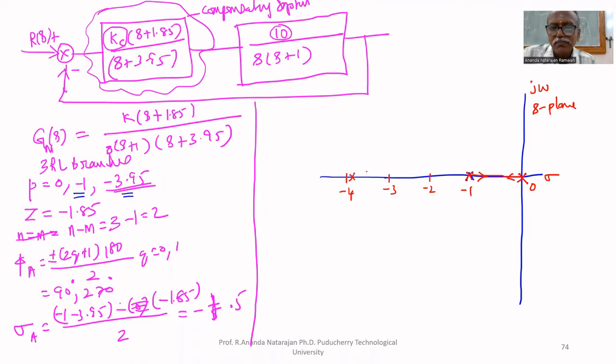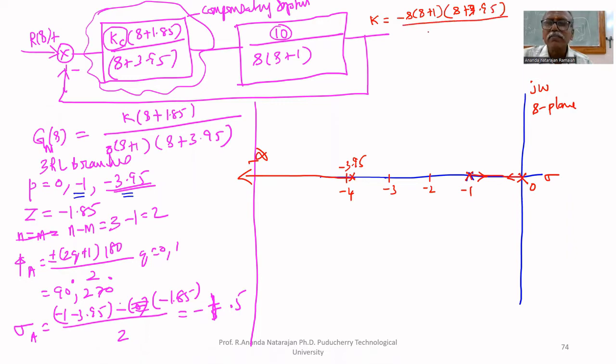There will be a breakaway point. Now let us find the breakaway point. To find the breakaway point, K equals minus s multiplied by (s plus 1) multiplied by (s plus 3.95) divided by (s plus 1.85). dK by ds equals the derivative of the numerator over (s plus 1.85) whole square.